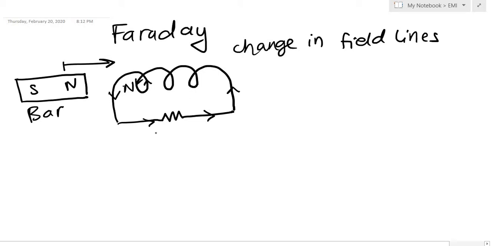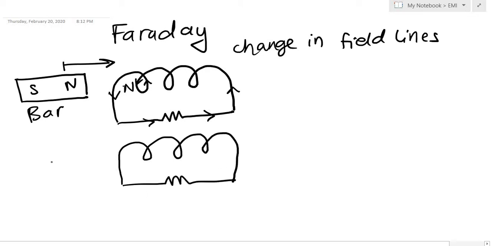Okay, and now once the bar magnet was close, he tried to pull it back. So let me draw the coil once more, connect it to a resistance, and once the bar magnet was close, he tried to push it off.